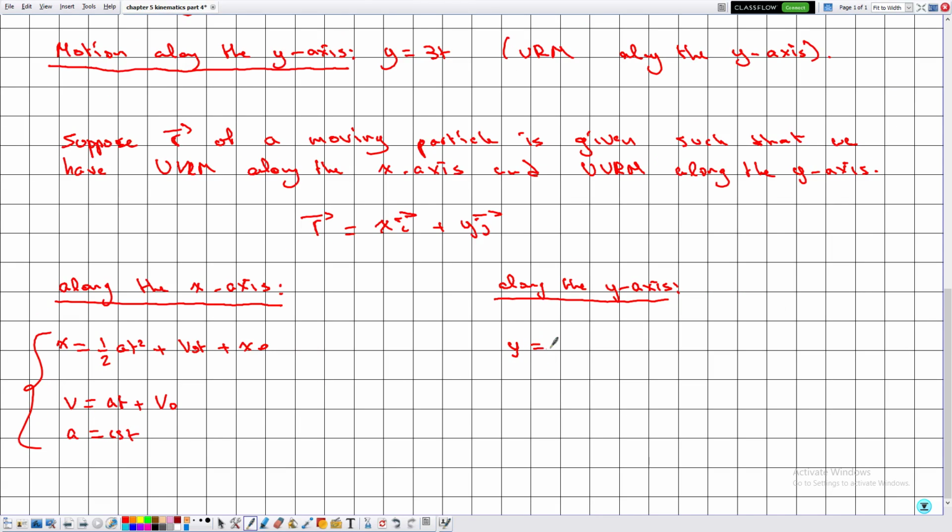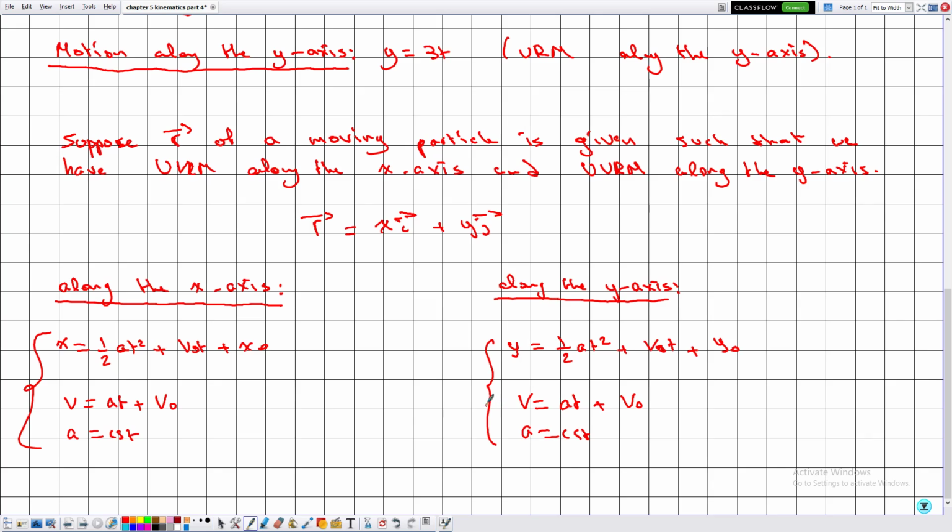So here we have y is equal to half at squared plus v0t plus, instead of writing x0, we will write y0. As for the velocity, it will be the same: v is equal to at plus v0, and the acceleration a is equal to a constant.